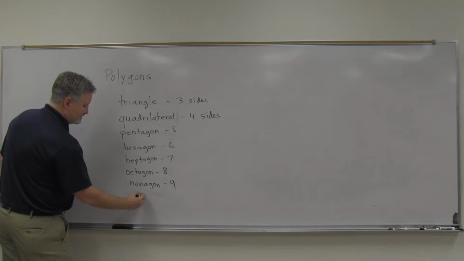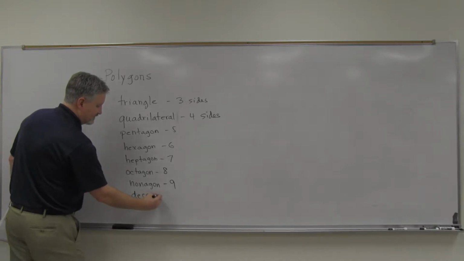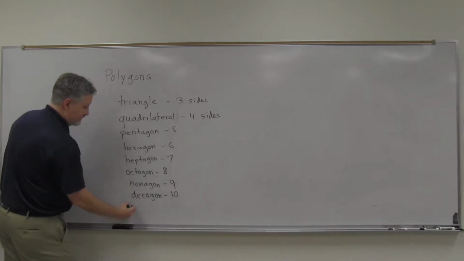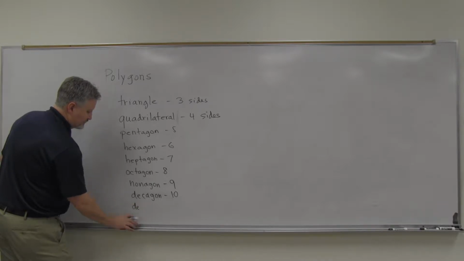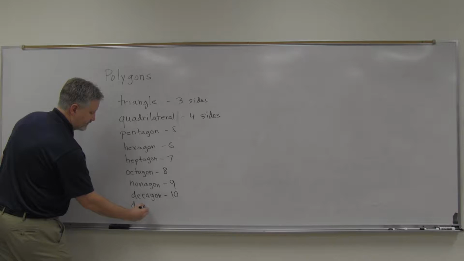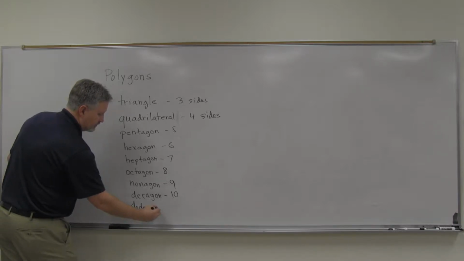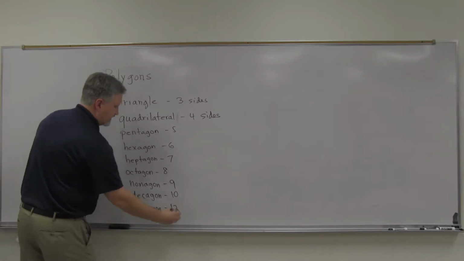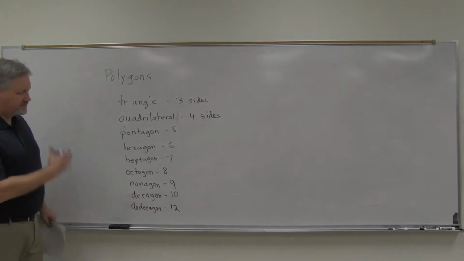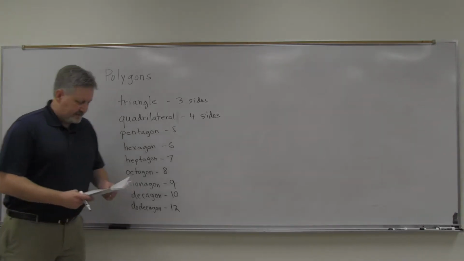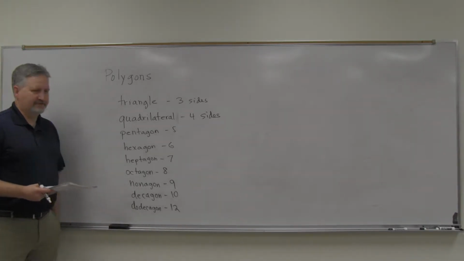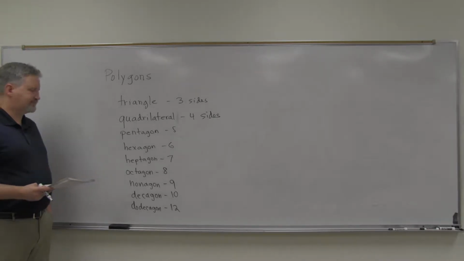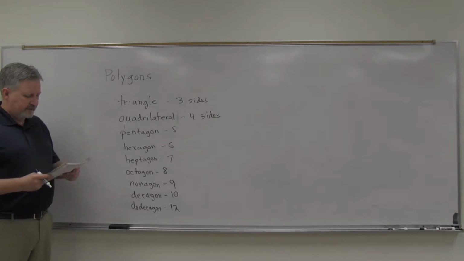Decagon is 10. And the other one that we mentioned here is 12, dodecagon. It's got 12 sides. There are of course others, but those are the ones we want you to be familiar with. And we'll talk about more later on.